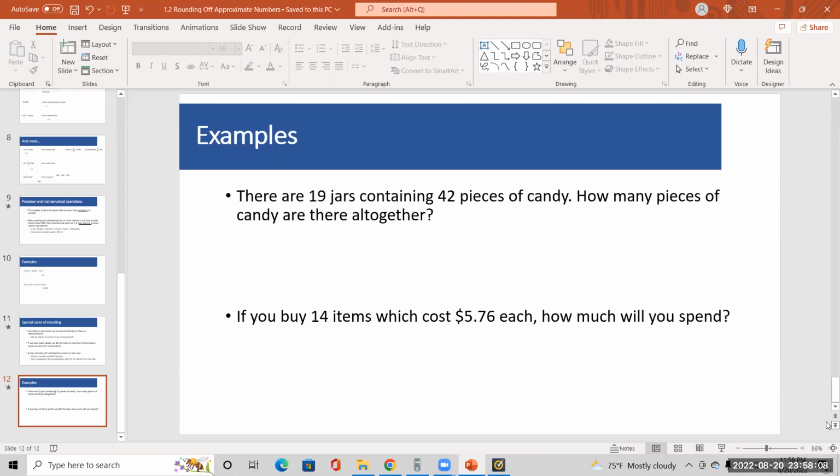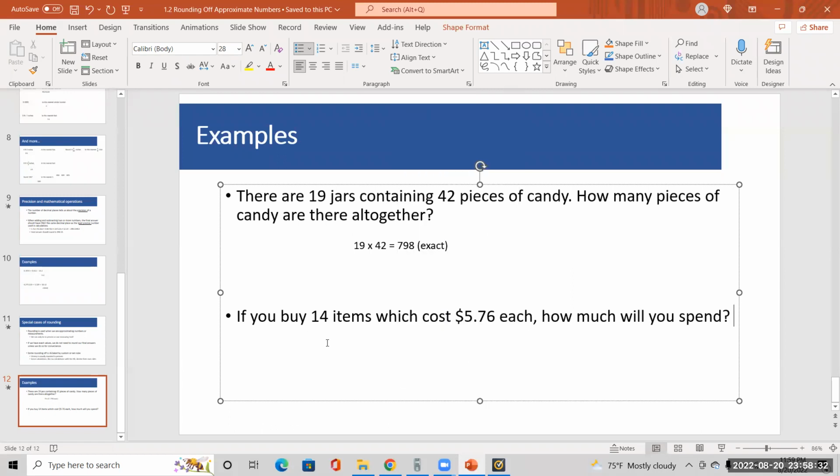You know for a fact there are 42 pieces of candy in those 19 jars. We do not need to round here. We're simply going to type in 19 times 42, and that is going to give us 798. That is exact. So we do not need to round.